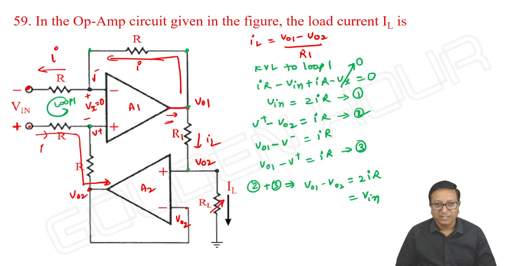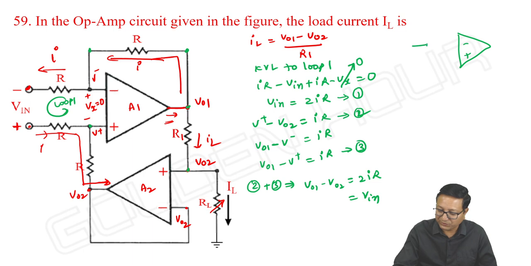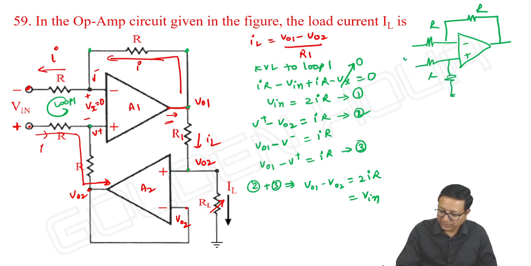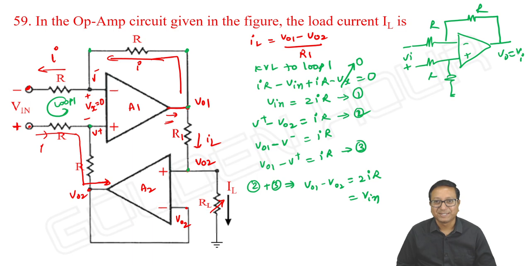Are you observing? I told you about one circuit, with minus and plus, and if I take some circuit like this with R, R, R and VI with polarities from bottom to top, it is acting like a voltage follower. Remember? So this circuit is similar to that, but here it is not connected to ground, it is connected to this particular point.